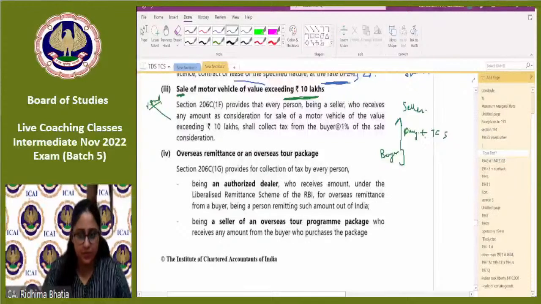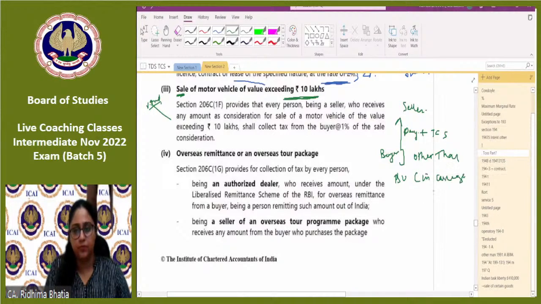But यहाँ पे remember any person other than PSU engaged in carriage of passengers. ये सब कुछ लिखा हुआ है in the table. Do not worry, but we are doing it one by one. ठीक है? Or central government, state government, embassy, high commission. All of these would be covered here.